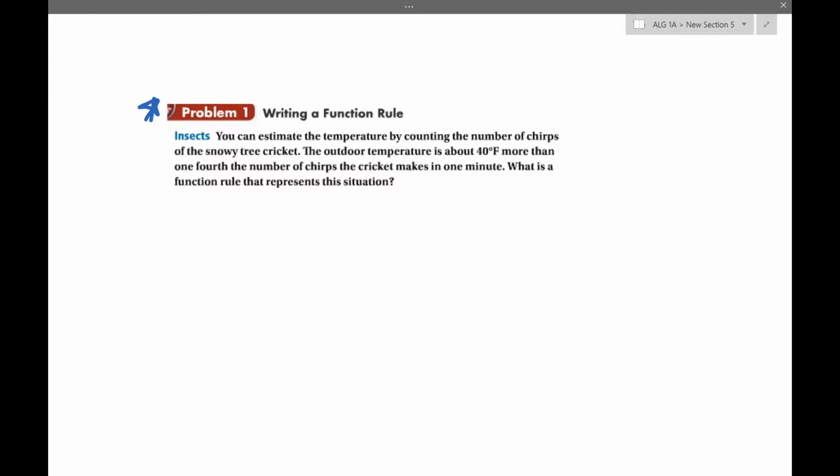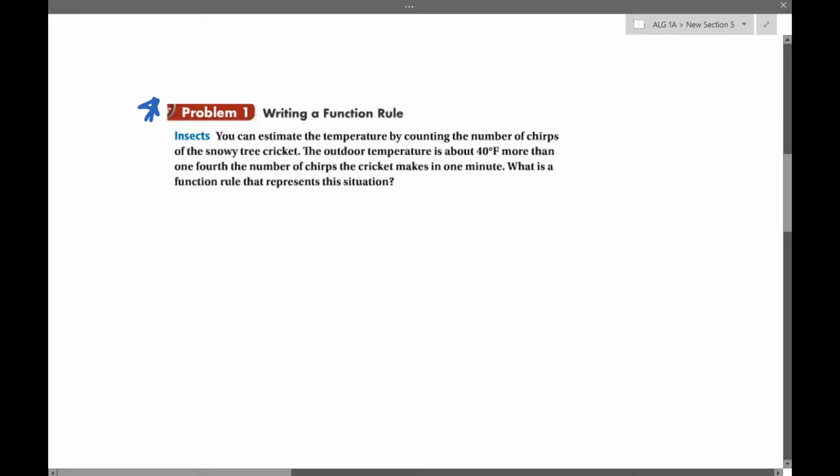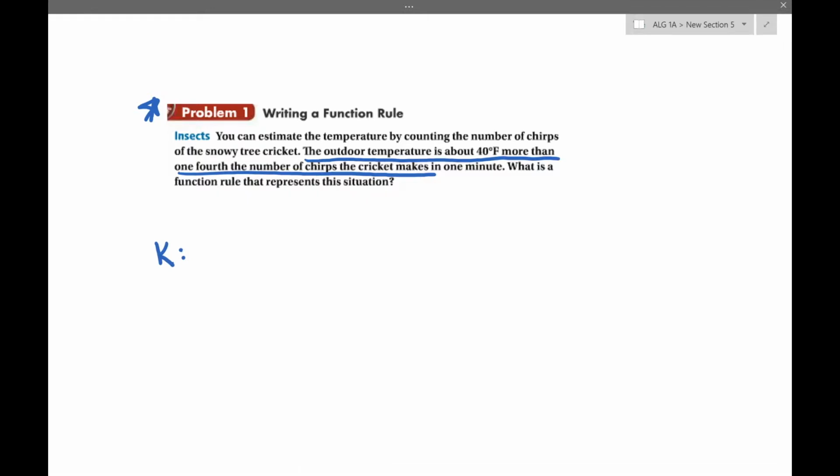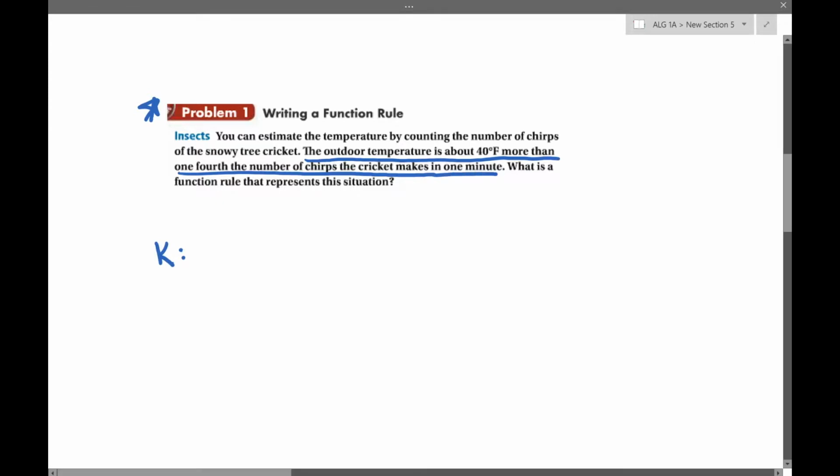Alright, so first thing we got to do is dissect this. So we need to take what we know of this problem. Okay, so that know part is this part right here. The outdoor temperature is about 40 degrees Fahrenheit more than 1/4 the number of chirps the cricket makes in 1 minute.